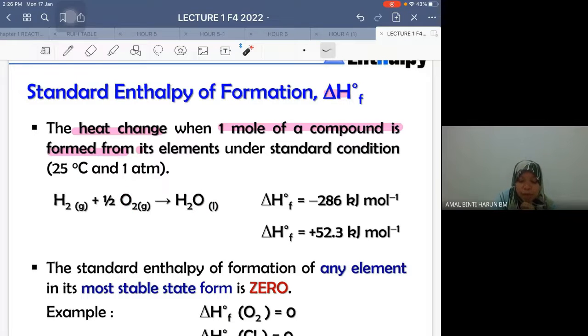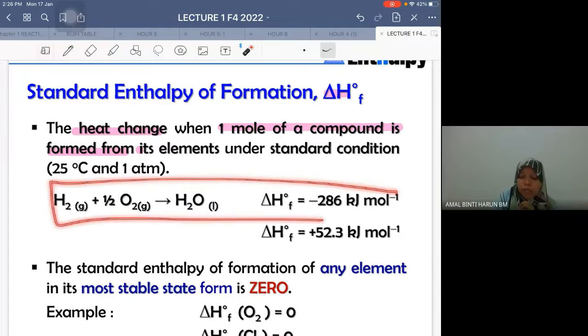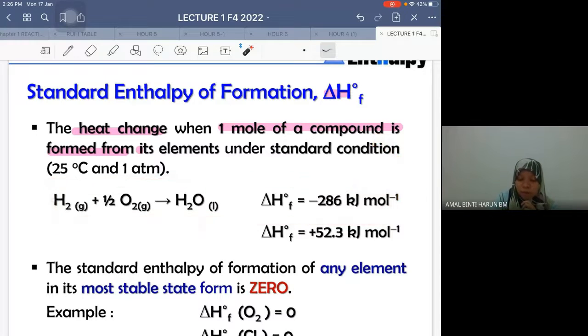Kita jumpa dia sebagai O2, gas. Okay, boleh? Okay, bila kita nak tulis thermochemical equation, our thermochemical equation must follow the definition of the standard enthalpy. First of all, 1 mole compound form and then form from its element which is hydrogen dan oksigen.